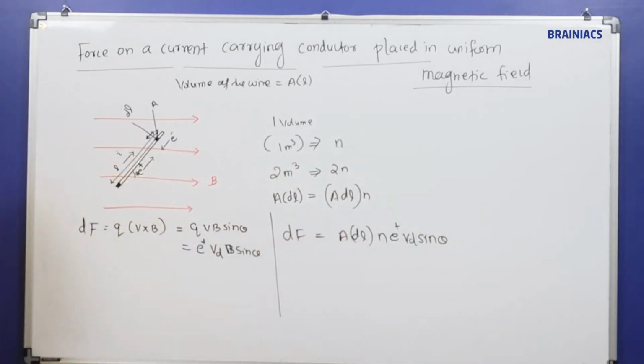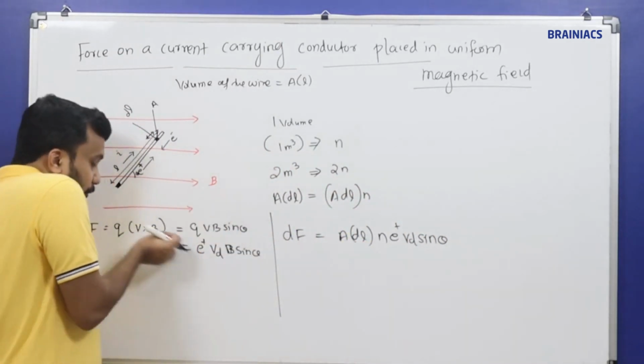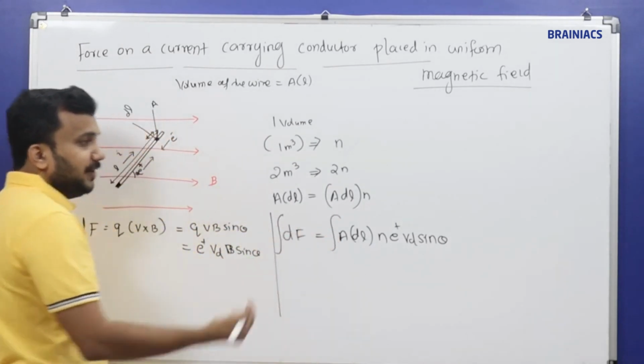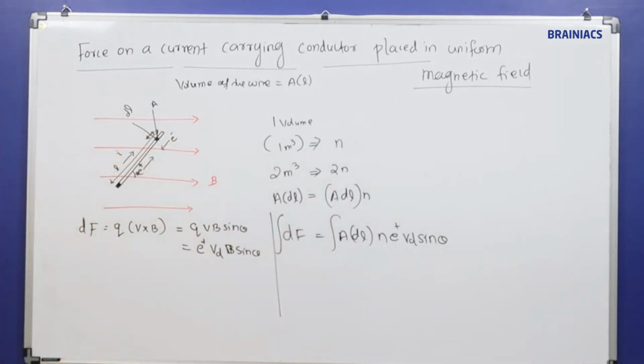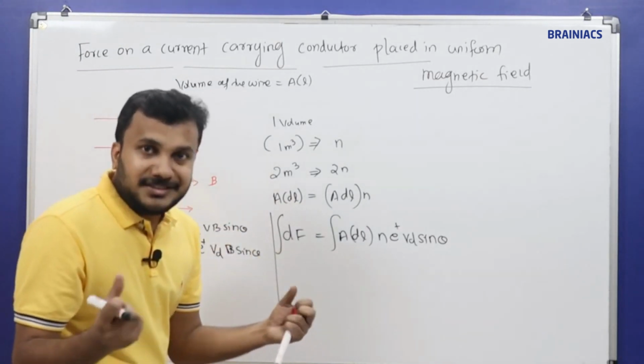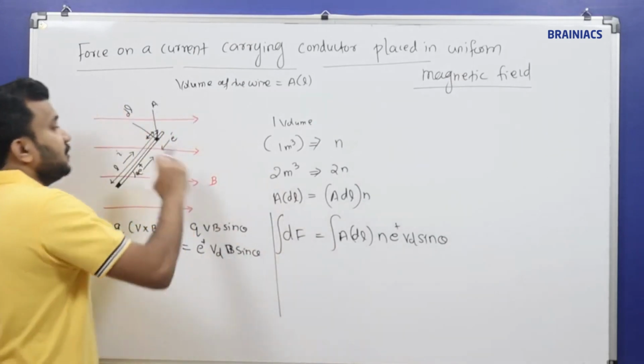This is for one charge. If I want to get the full force, I want to integrate A dl n e plus V_d sine theta. This is our expression. Now to get the full strength, which means the full current.